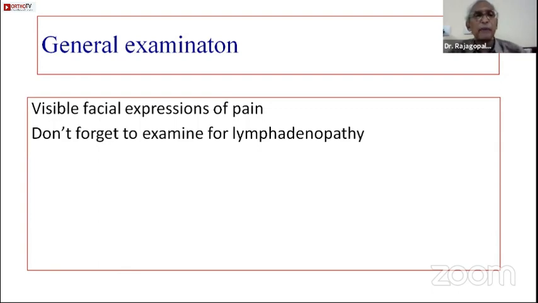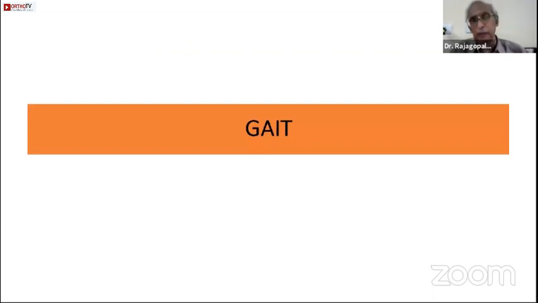Don't look at the examiner even when you are presenting. Look at the patient, because if you are touching him, it may be painful for him. Even before that, in general examination, if he has a visible facial expression of pain, be careful. At no stage do we have any reason or authority to give him more pain. Whatever you do should not be painful, be gentle to the patient.